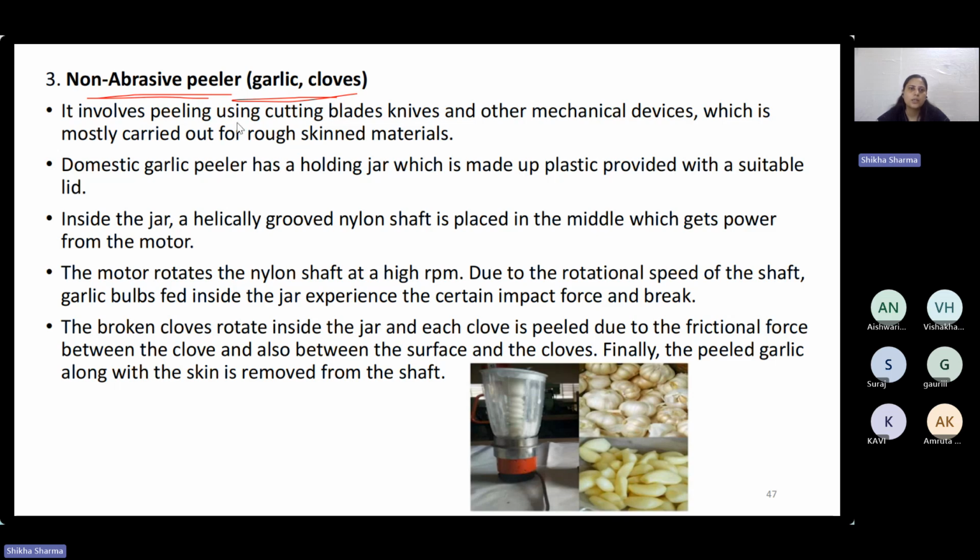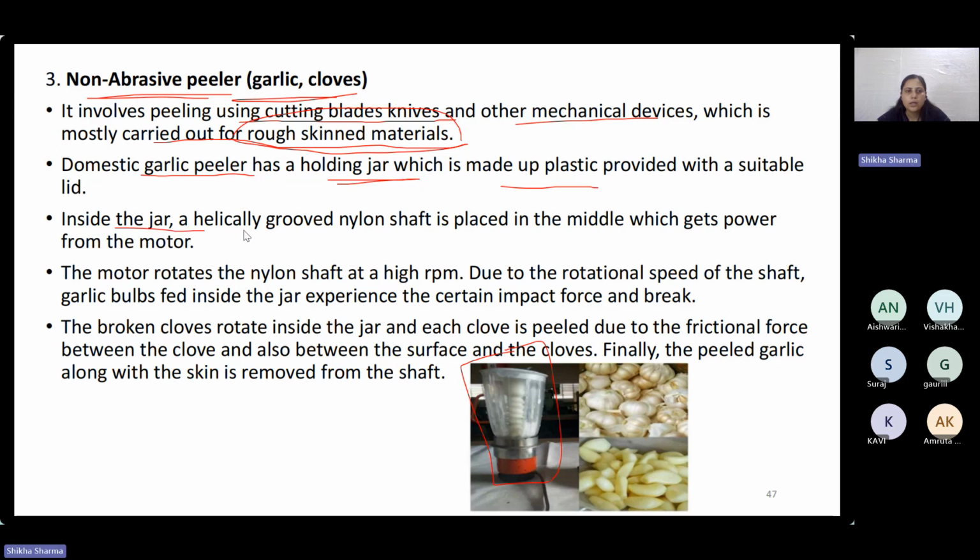It involves peeling using cutting blades, knives, and other mechanical devices. It is basically carried out for rough skinned materials like garlic and cloves. Domestic garlic peelers, like we have folding jars with a lid, can be used for peeling of garlic.